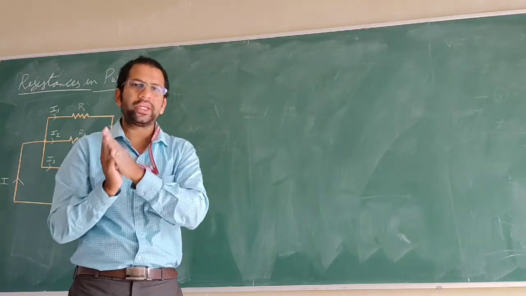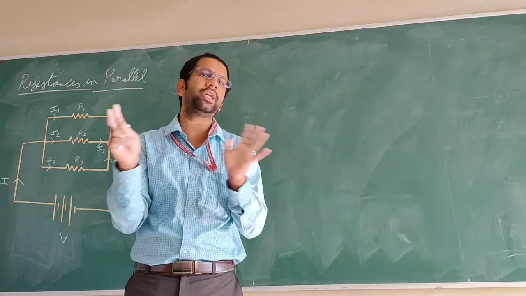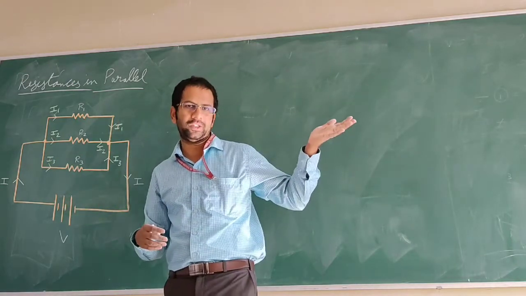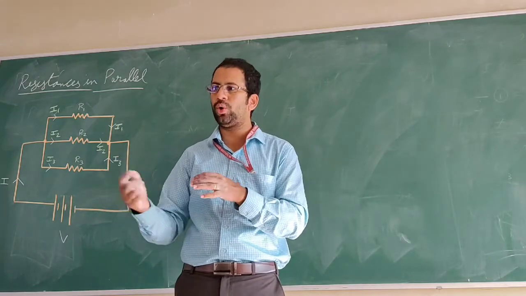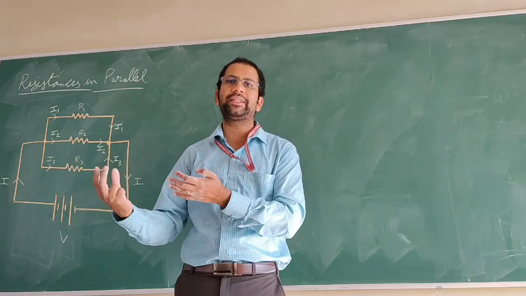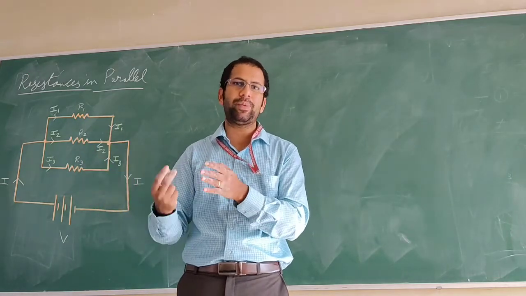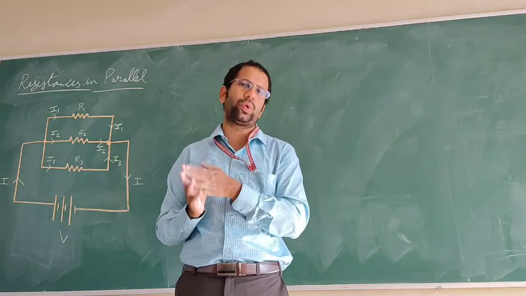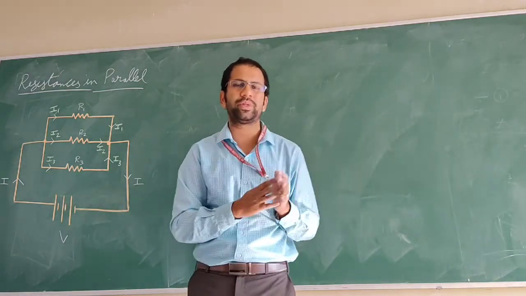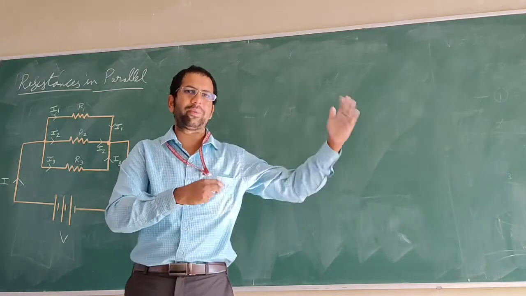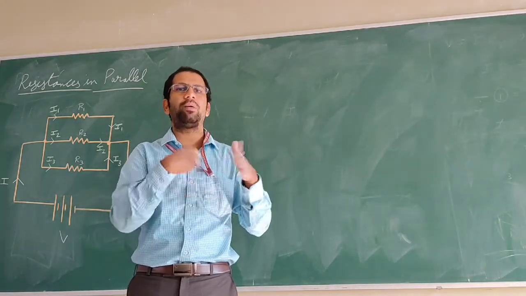I'm just trying to give you a general example because I cannot show you how current flows. In other branches, like mechanical, they can show exactly how welding is done, with sparks. Civil can show how bricks are kept, how cement is added, how much sand and how much cement should be used.